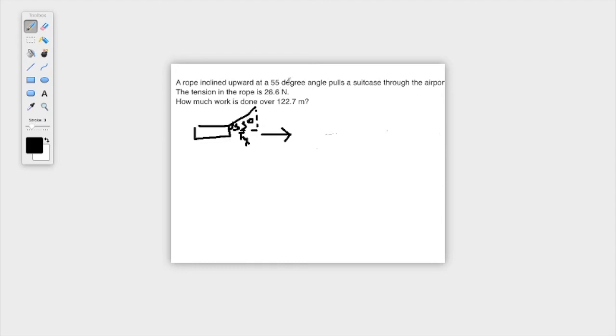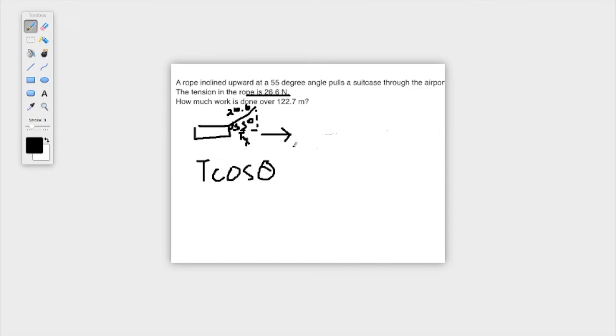So basically, the tension of the rope is 26.6 newtons. That is basically the hypotenuse, not the component. So to find Tx, that's just T cosine theta. And then that's our force.